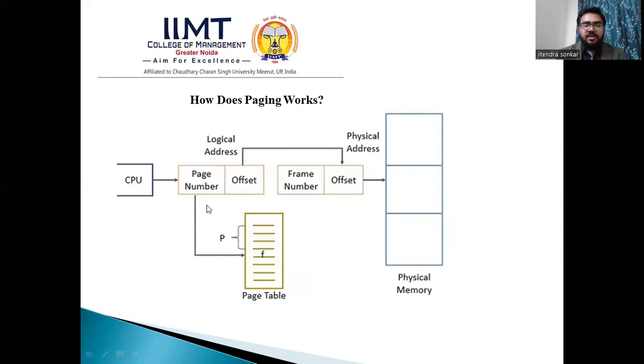In this page table, there is a page number and a frame number, which is mapped to the physical address with the help of the page table. The page table is used to map the logical address to the physical address to allocate memory space to the process.